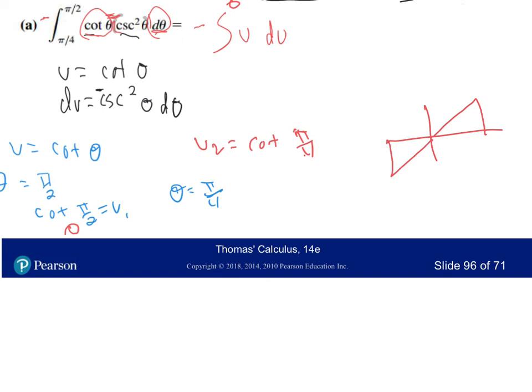That would also give you a positive 45-degree reference. But let me stick with the principal angle up here. 1, 1, square root of 2. There's my theta of pi over 4. Cotangent is 1. So I get u2 is a 1.